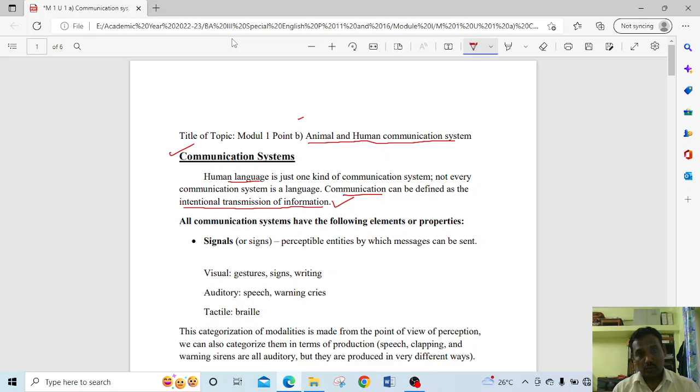Different types of codes are used to communicate. Even the traffic system: red light, green light, yellow light, these lights have their own message of communication. So language is just one kind of communication system.